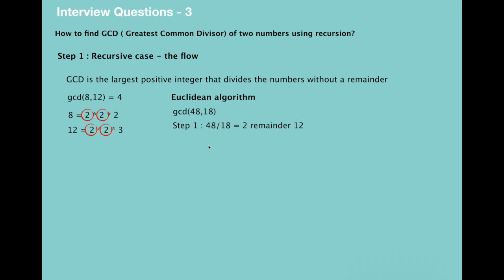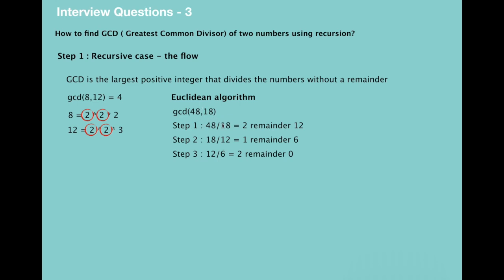Then in the next step, we divide 18 by 12, the remainder. So here the result is 1, and we have remainder 6. Then in the third step, we divide 12 by 6. So the remainder is 0. When we have remainder 0, this means that 6 is the greatest common divisor of these two numbers.